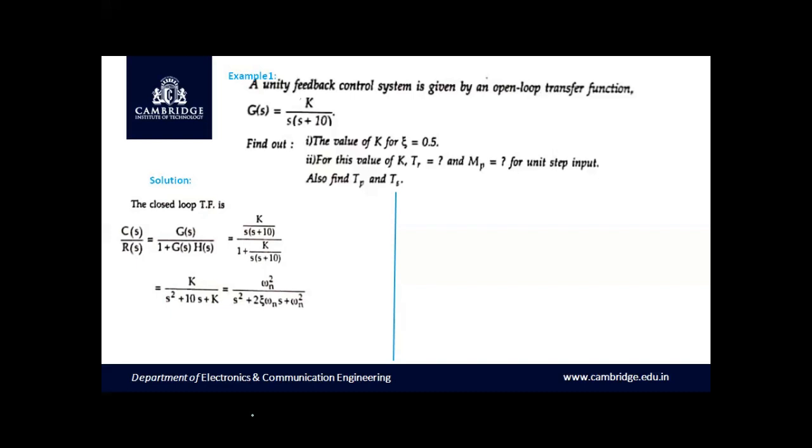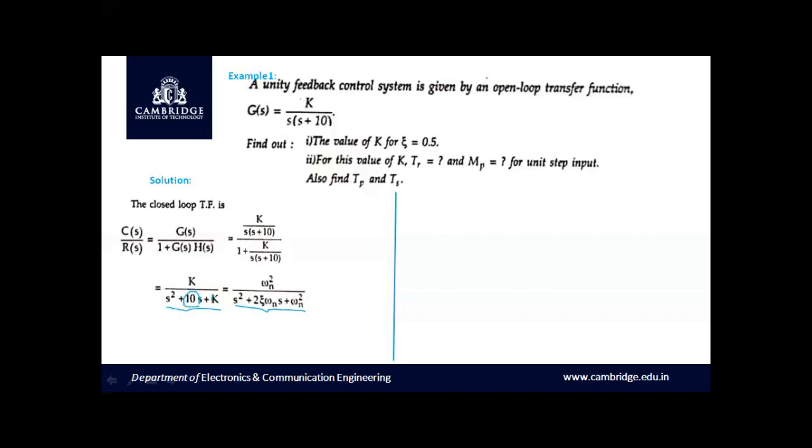Now we have to compare this with the standard characteristic equation, which is given by s square plus 2 zeta omega n s plus omega n square. If you compare the denominators of the transfer function, omega n square is equal to K, and the coefficient of s is 2 zeta omega n, which is equal to 10.